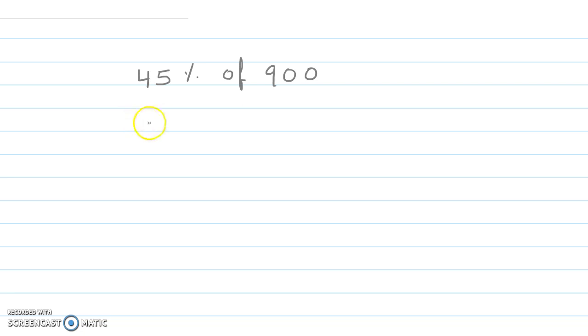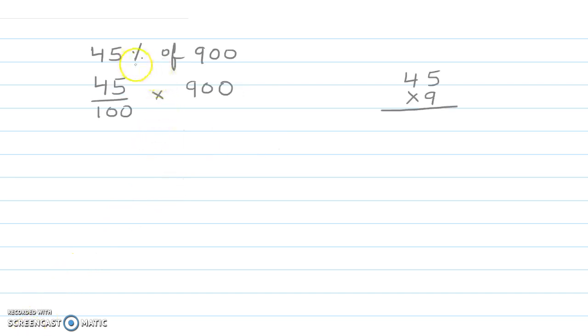I can tell you another method. 45% means 45 divided by 100. 45 divided by 100, and 'of' means times, and it is 900. 900 doesn't have anything in the denominator, so let's write 1.